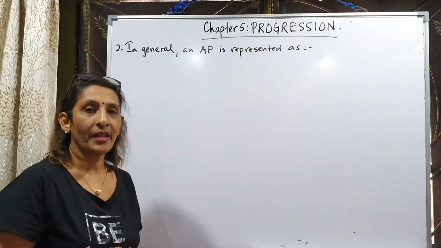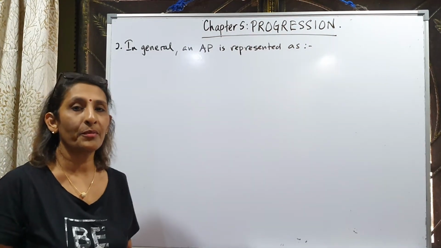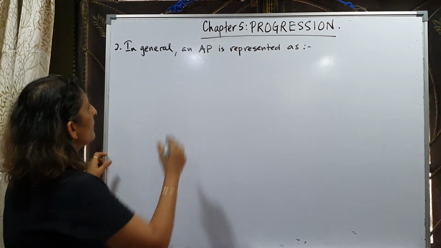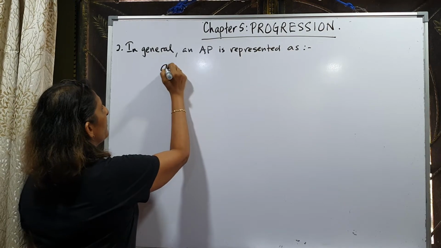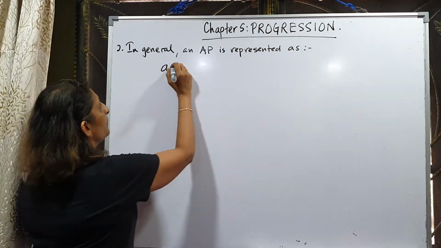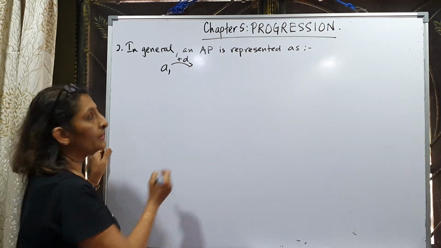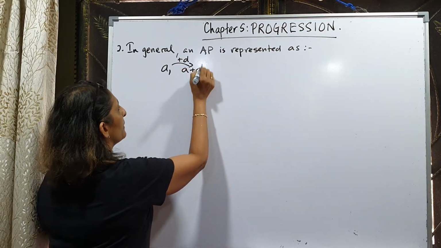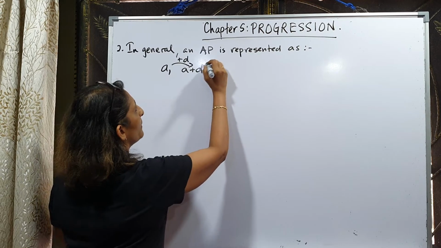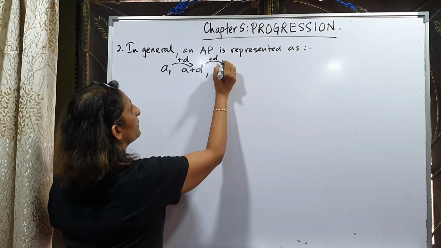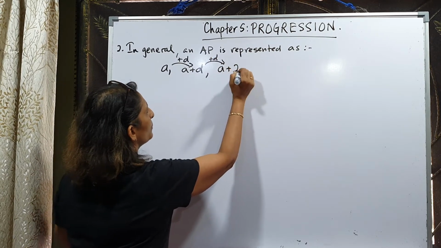In general now, let's look at how an arithmetic progression is symbolized. First, you have the first term A. Then you add a common difference D, and you get the second term, which would be A plus D. The third term would be plus another D, so it becomes A plus 2D.